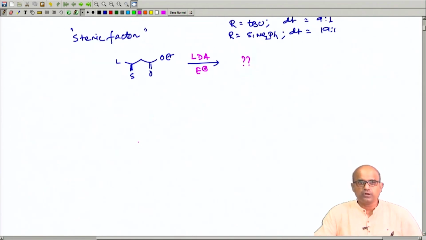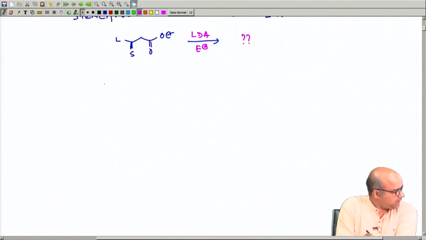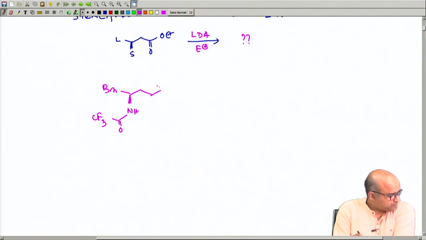Similar acyclic stereo control, there are a few examples. We will just quickly talk about some of the examples. One of the nice examples was this system where an NH containing group acted as the main factor, but in this compound the stereo center was a little bit apart.